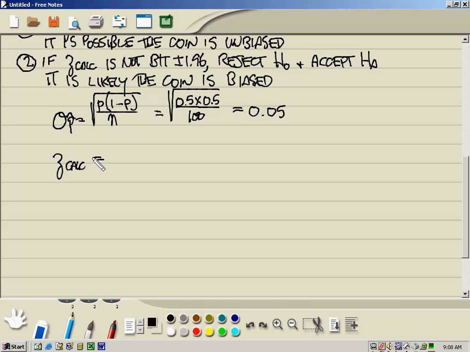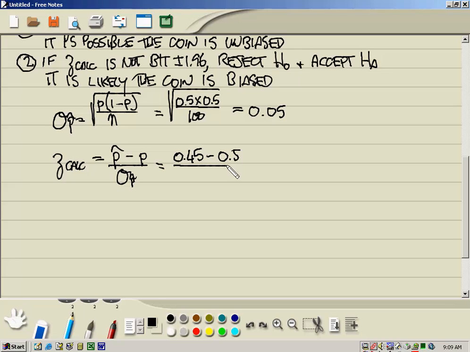And then the z-calc for this problem: sample proportion minus the hypothesized proportion divided by the standard deviation, sigma sub p hat. The sample proportion, the 45 heads out of 100, that's 0.45.